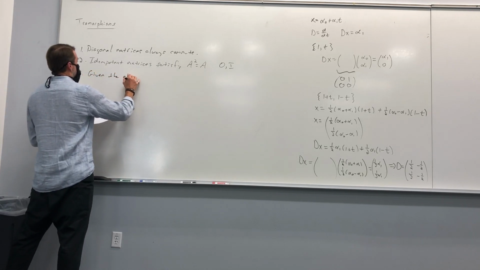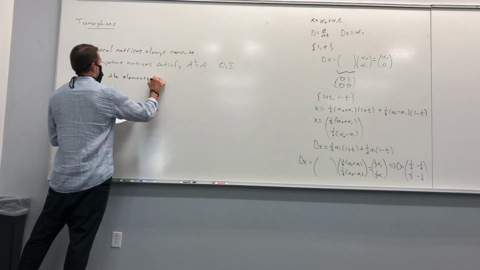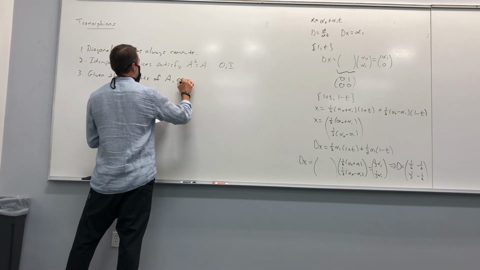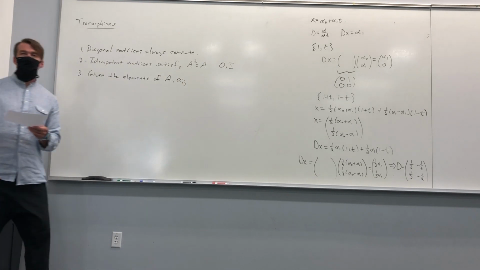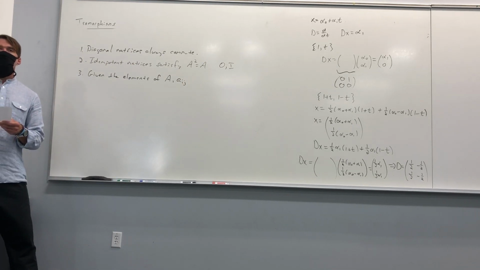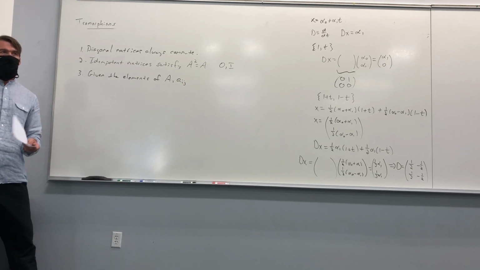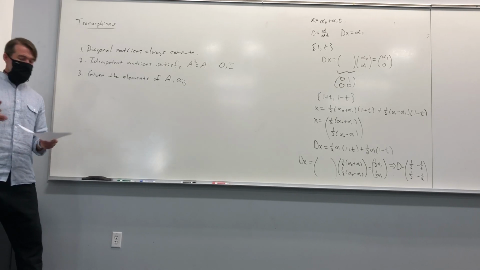Given the elements of A, that is Aij, where i and j just label the row and column. RC circuits, that's the way I remember that. First index is the row, the second index is the column.